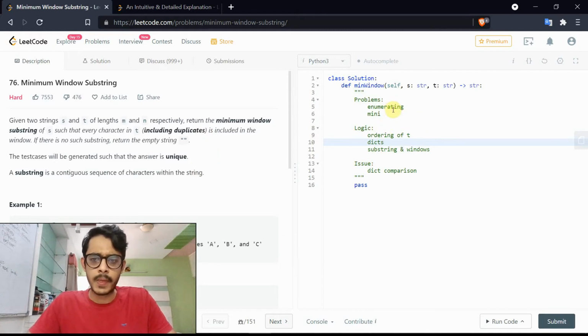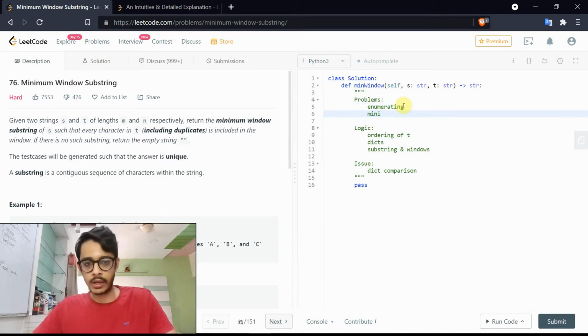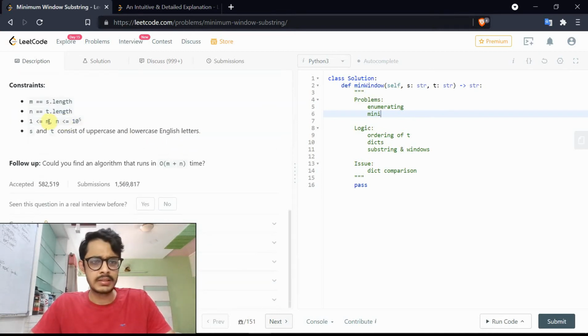Okay, so this problem essentially asks you to solve two problems. First is enumerating all of the possible substrings, and the naive solution says it could be done in order of n square time. There's a small problem though. The m and n could be 10 to the power 5, which means that we're looking at something not of the order n square, but maybe n log n or n, or something even better.